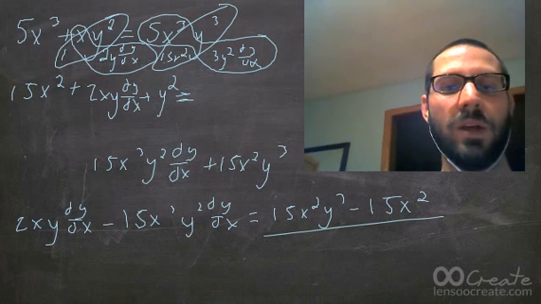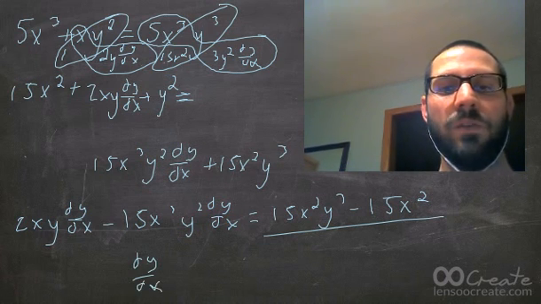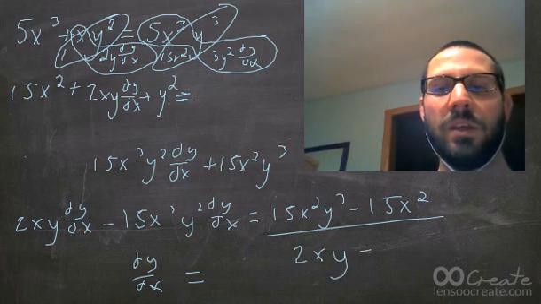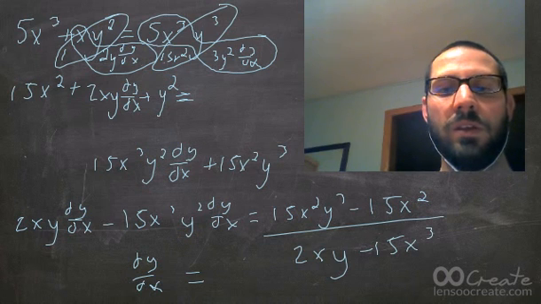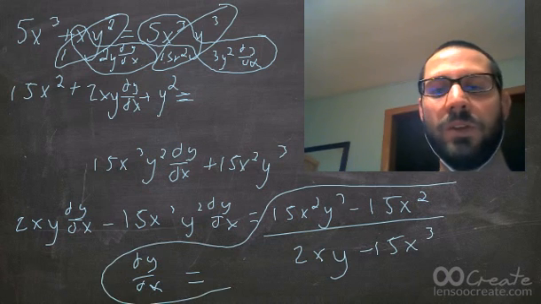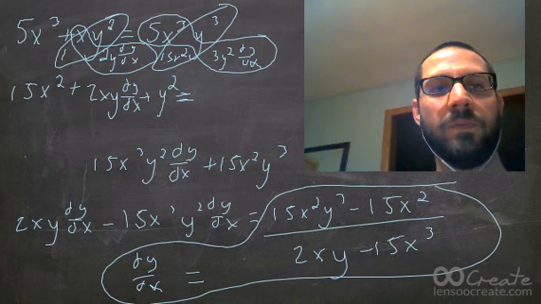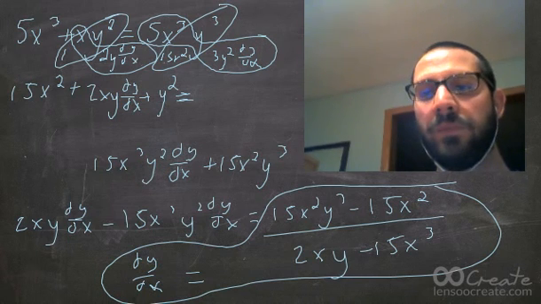Then we're going to divide by what was, once we factor out the dy/dx, we're going to get dy/dx equal to 15x squared y cubed minus 15x squared over the 2xy minus 15x cubed. Final answer, with our division. Probably factor out an x. Looks like that would be a good simplification. We'll call it good from there.